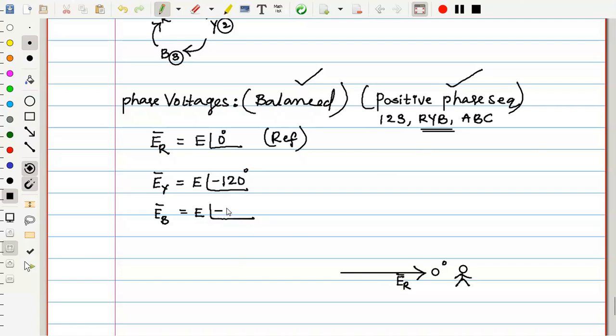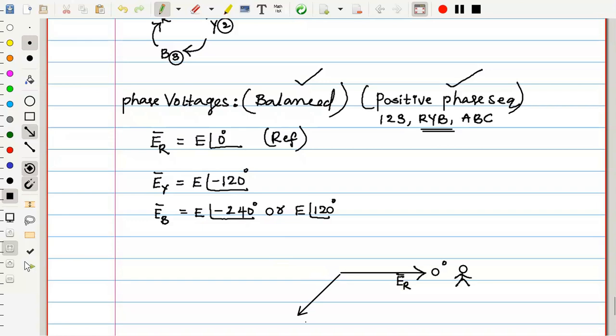So you can write this as minus 240, or plus 120. I'll tell you once again with the phasor diagram also. This is E at an angle of plus 120. Now you can see if you put these things in phasor diagram form here.